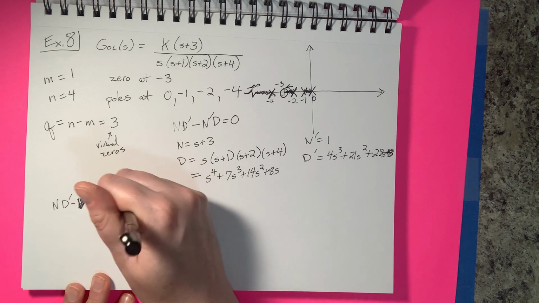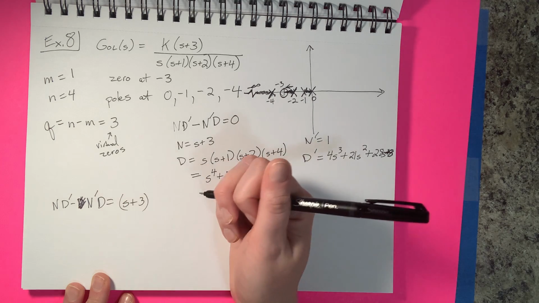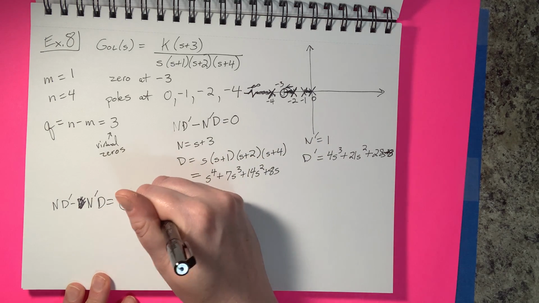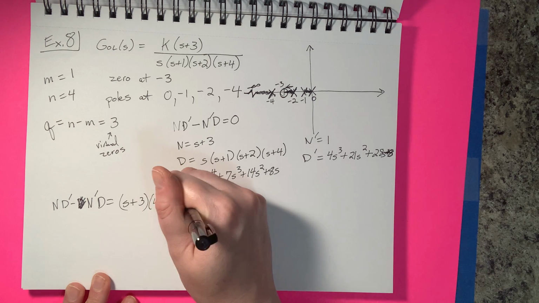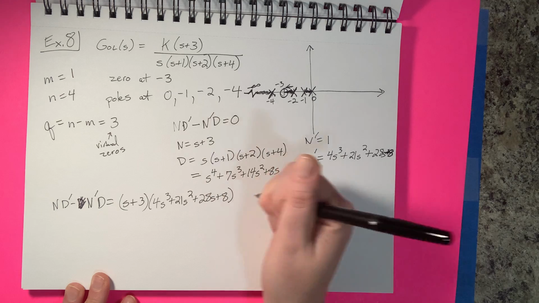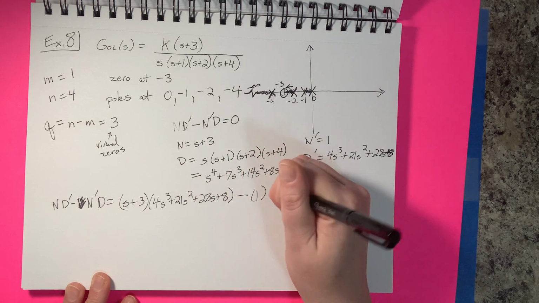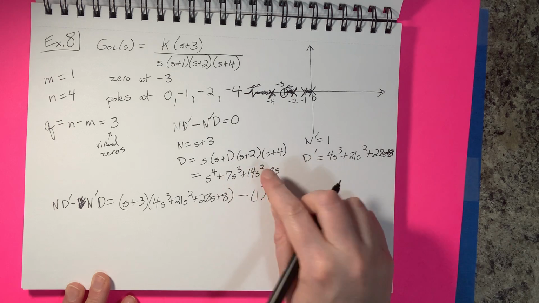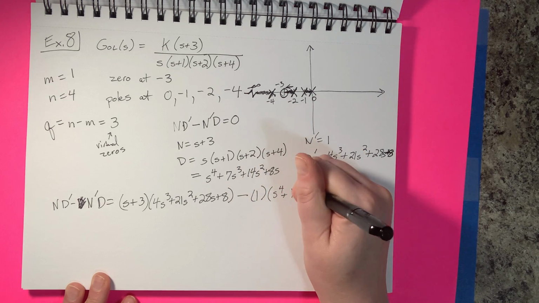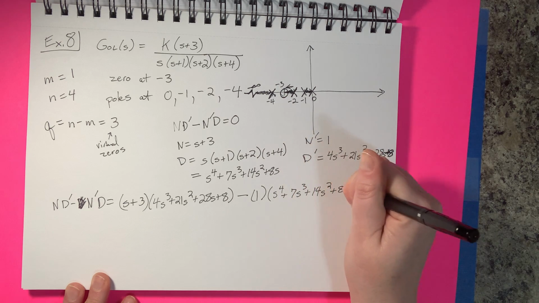So we just plug in our s plus 3 from our n, and then the d derivative, which was this value right here, minus n derivative, which is 1, times the d value right here. So s to the fourth plus 7s cubed plus 14s squared plus 8s.